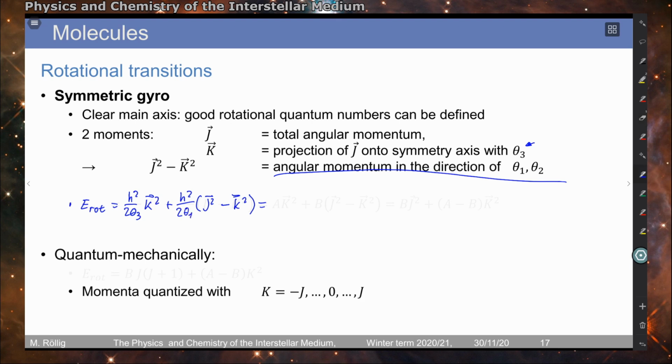Theta 1 or 2, which is the same. And so we can collect the prefactors into an A for the K squared and a B for the J squared minus K squared. Or we can resort the terms, not in terms of A and B, but in J and K. So we can write B J squared plus (A minus B) K squared.